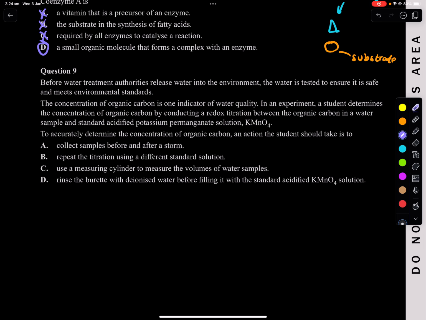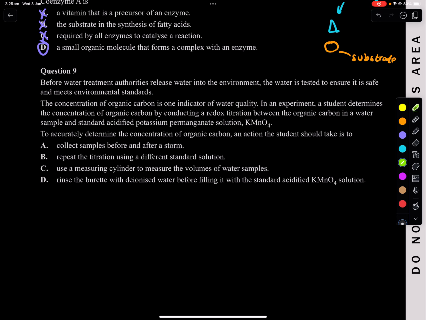In an experiment, a student determines the concentration of organic carbon by conducting a redox titration between the organic carbon in a water sample and a standard acidified potassium permanganate solution. To accurately determine the concentration of organic carbon, an action that the student should take is what? Let's look at these. What should the student do to increase accuracy?